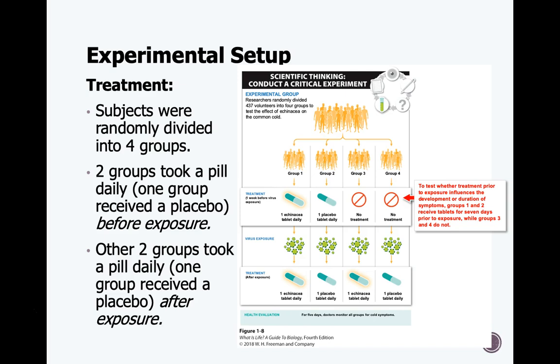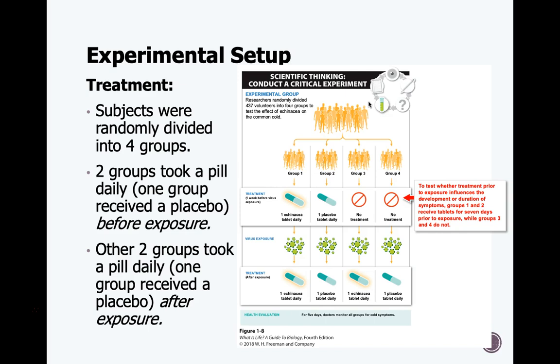First, I'm going to talk about what they actually did in this experiment. So we have a group of subjects. These are our test subjects, 437 of them, in fact. These are all volunteers. Now, if you're working with humans, you actually have to get approval and things like that for real studies. So they would have gone through this whole process of actually getting approval and these people signing consent forms and things like that.